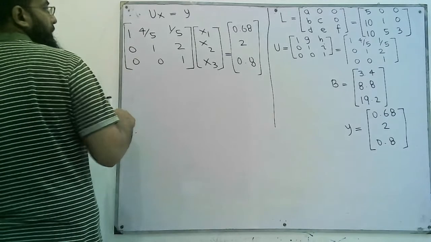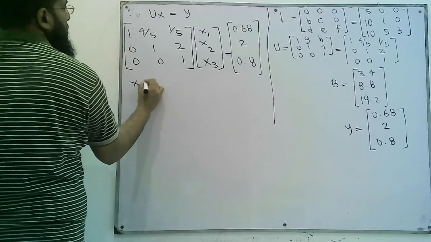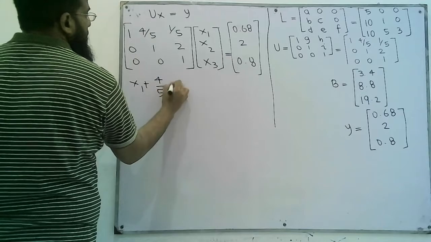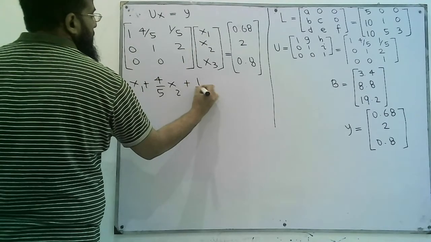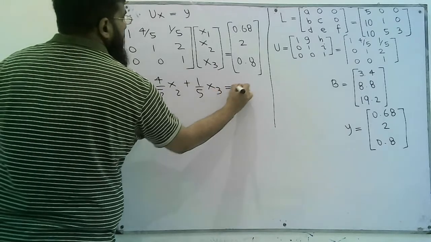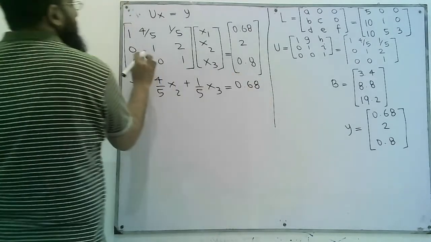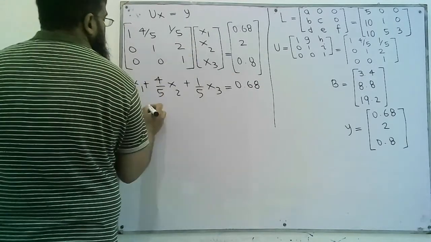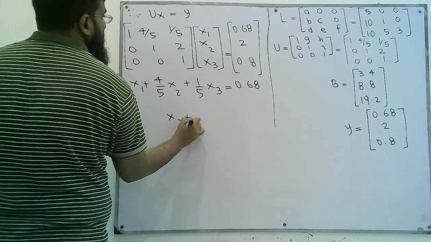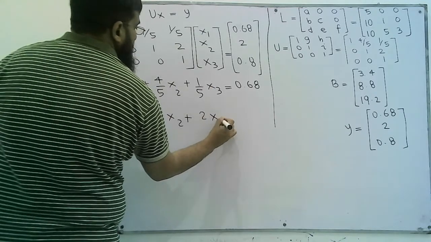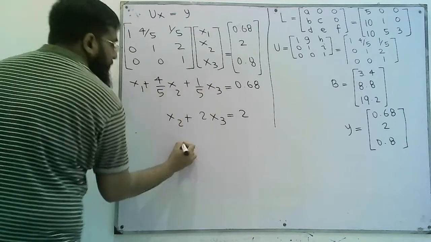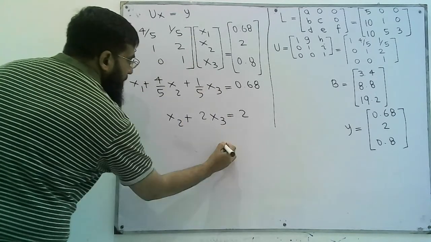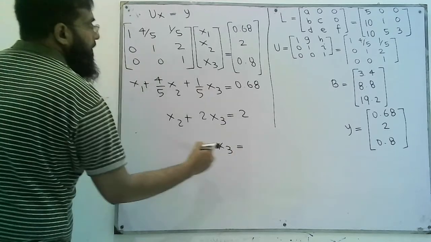So writing the first equation: 1x1 plus 4 over 5 x2 plus 1 over 5 x3 is 0.68. The second equation would be 0x1 plus 1x2 plus 2x3 is equal to 2. And 0x1 plus 0x2 plus 1x3 is equal to 0.8.